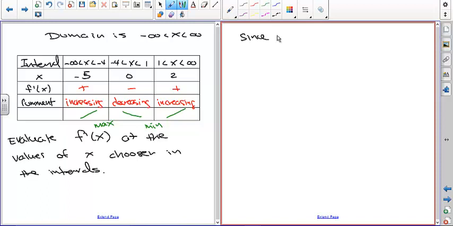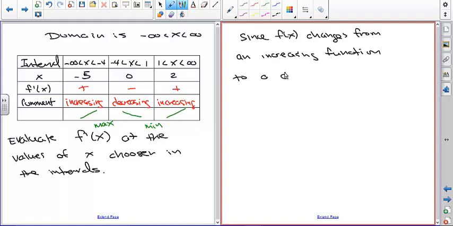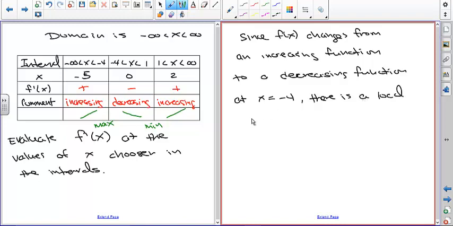Since f of x changes from an increasing function to a decreasing function at x equals -4, there is a local maximum at x equals -4.